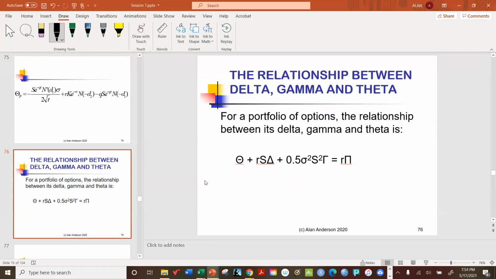Now, sometimes for certain types of portfolio applications, we combine the Greeks. I don't know how helpful this really is, but this is how they're related to each other.